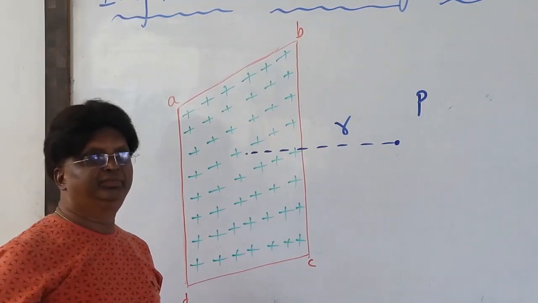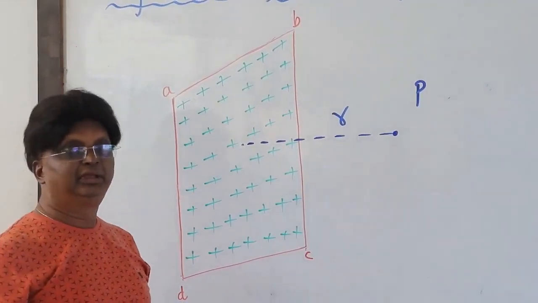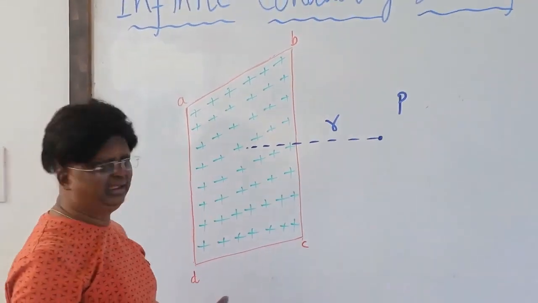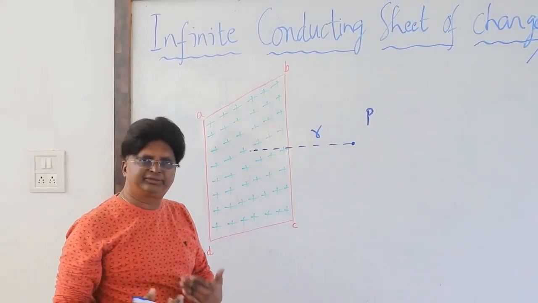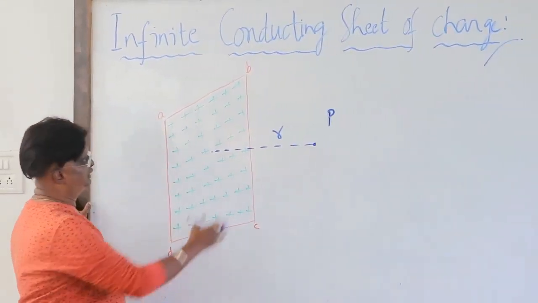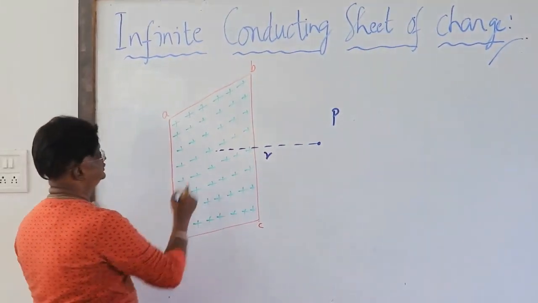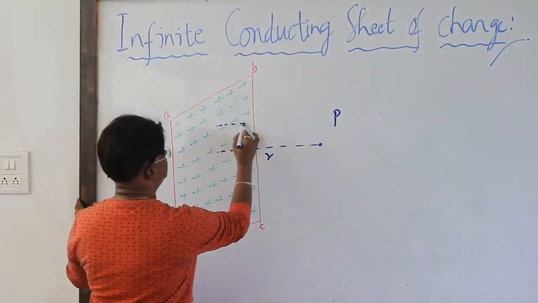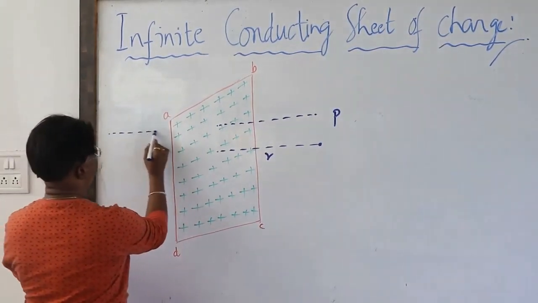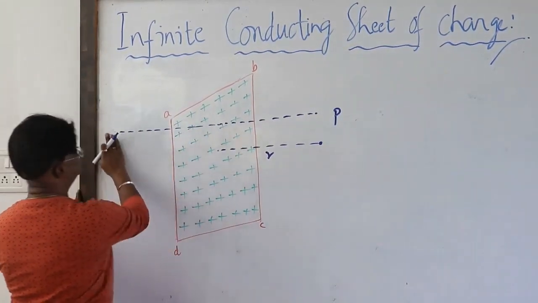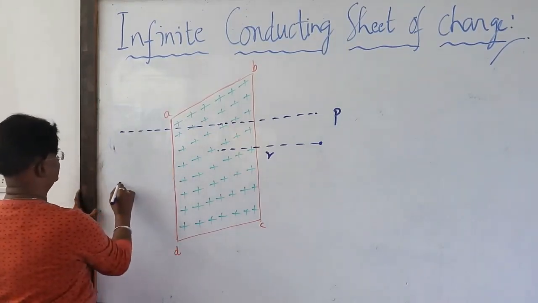Now one more time, we construct a Gaussian surface. Let us see what type of Gaussian surface. As I told you, let us always think of symmetry so that it makes our mathematics convenient and simpler. This is the distance R. Therefore, now what I do is I imagine a cylinder. This is a cylinder.